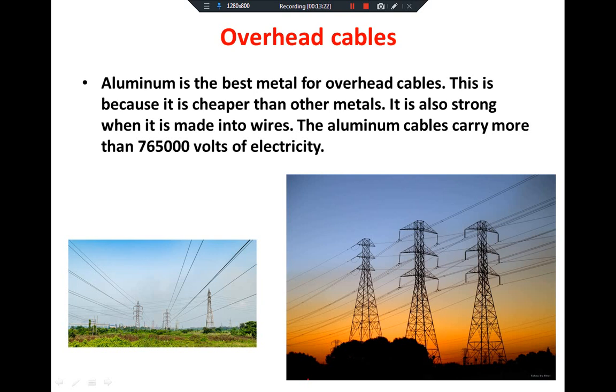The reason behind it is its endurance. It endures different climates, it's stretched better, and the voltage that it sends is much more than that of copper. Therefore, aluminium is used for that purpose.